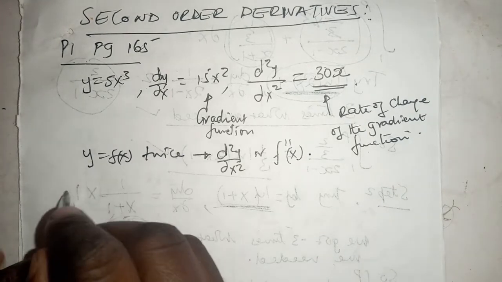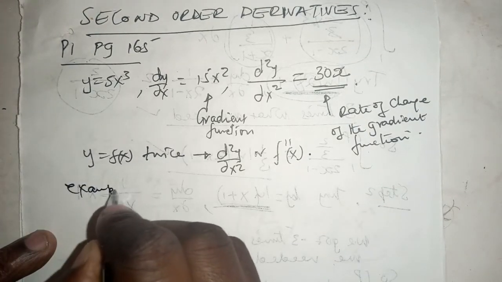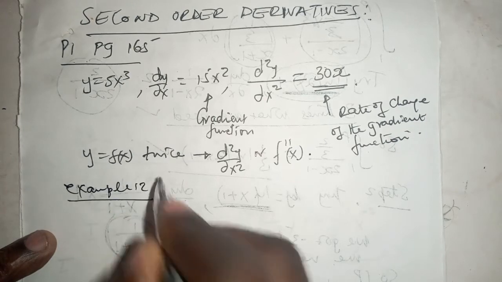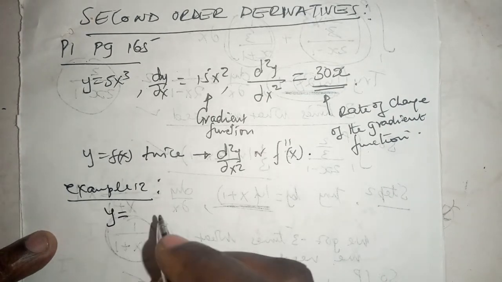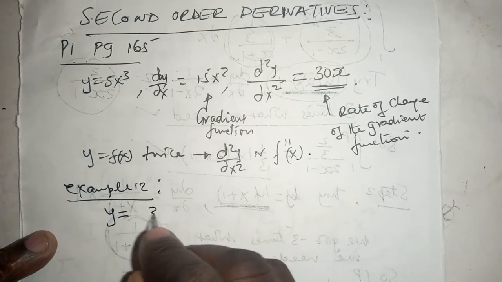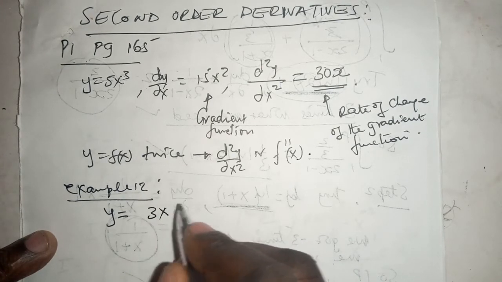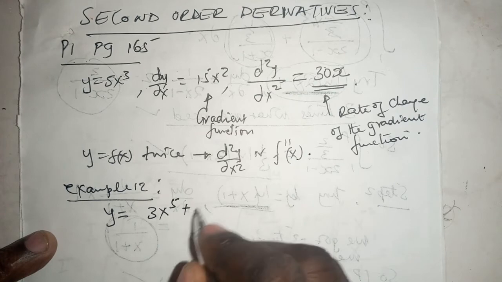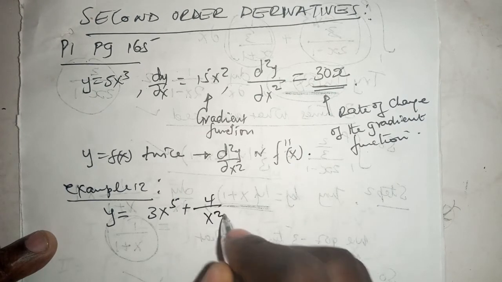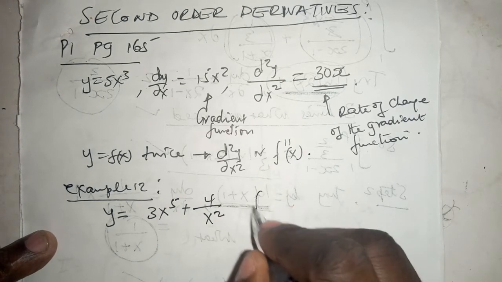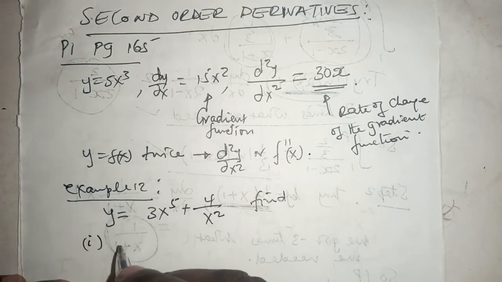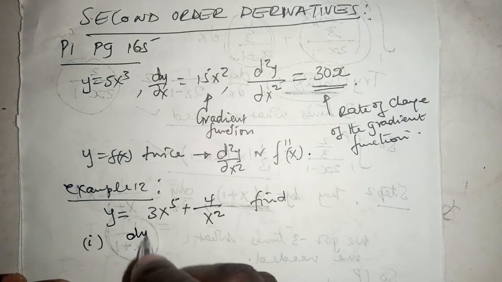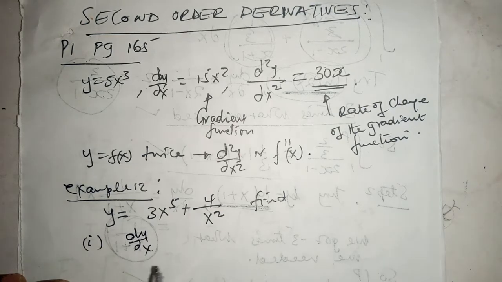So with this, we need to look at example 12. Given that y equals 3x to the power 5 plus 4 over x squared, find (a) dy/dx.